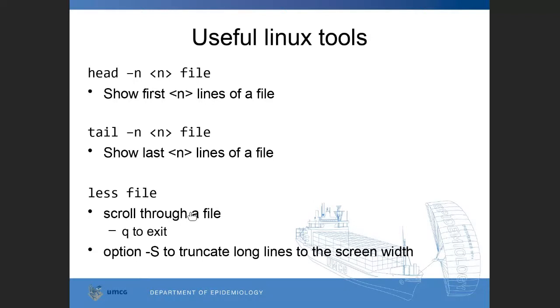If you press the forward slash and then type your search term, you can search for a particular text within the file. And another convenient thing is this option -S. That will truncate long lines to the screen width. If you don't put this -S, then it will wrap the lines on screen. But if you put this -S, then every line will be on one line in the screen, but the lines will be truncated.